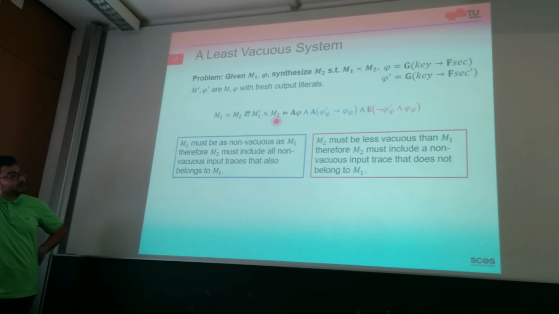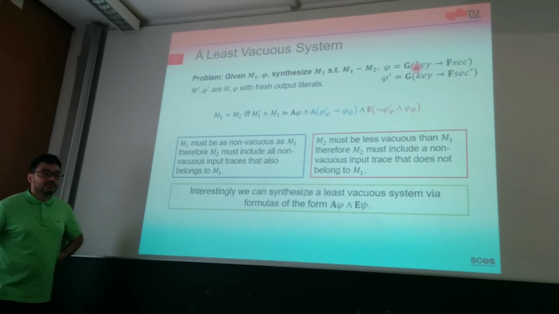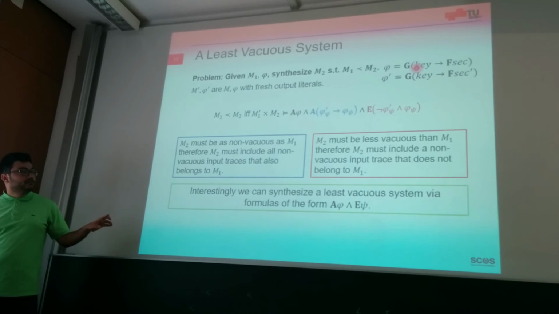So you're equipped to synthesize the least vacuous system with respect to this witness formula, and we can easily extend it to several witness formulas. Interestingly, we can synthesize a least vacuous system for a given specification via formulas of the form A phi and E psi.